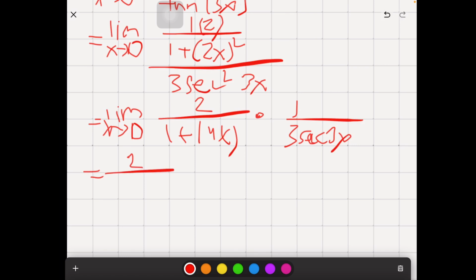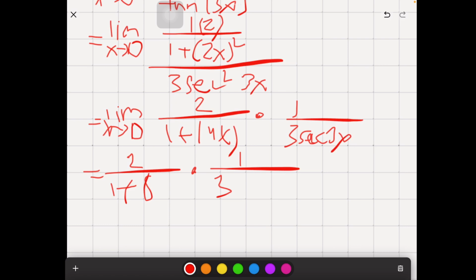So this is 2 over 1 plus 8 times 1 over 3. Okay, now secant of 3x. If we substitute in 0 for x, then we get secant of 0. But what is secant? Secant is actually 1 over cosine of x.